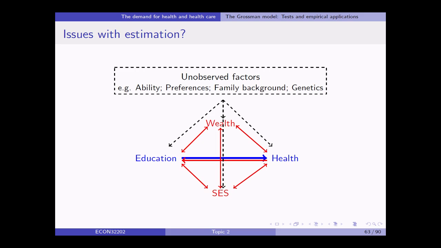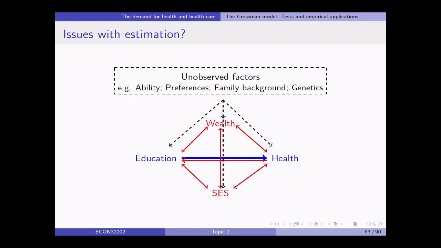There are DNA SNPs and genes that are incredibly predictive of education, but typically you don't observe genetics in most data sets. There are examples, so the UK Biobank, for example, does collect information on DNA, and you can use that to break some of these relationships. So you can make an unobserved factor potentially observed.